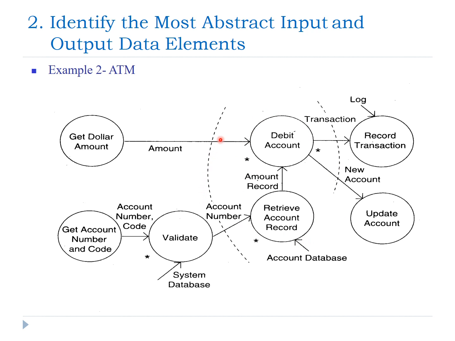So when we consider this line as MAI, before this dotted line we have 3 different processes: get dollar amount, get account number and code, and validate. All these processes will be considered as input. After this dotted line, some processes may be considered as transformation or some may be considered as output.